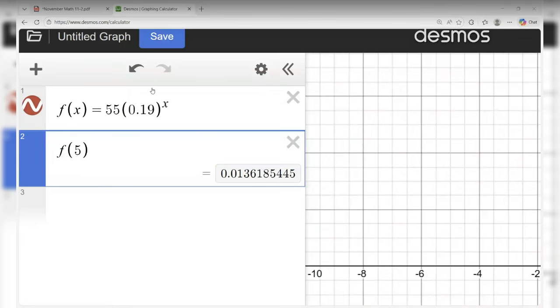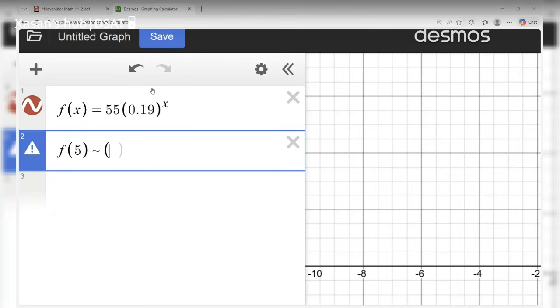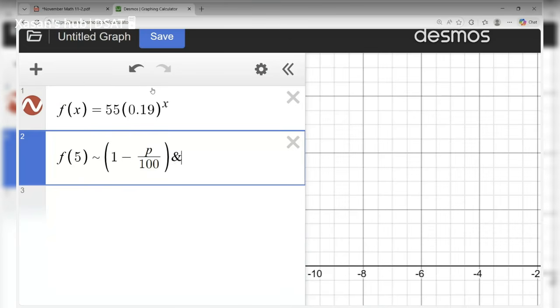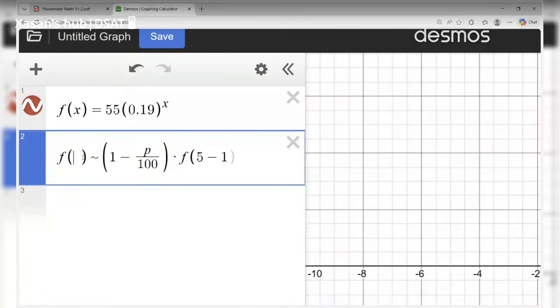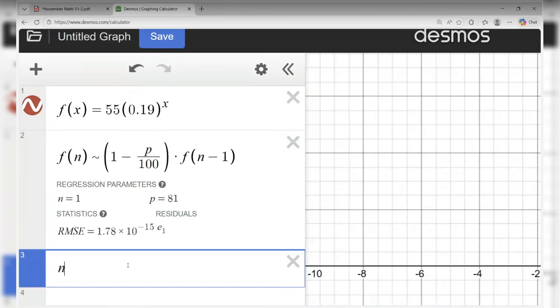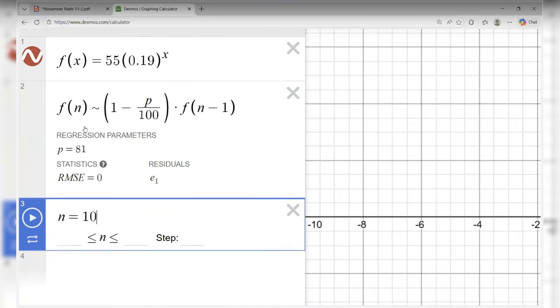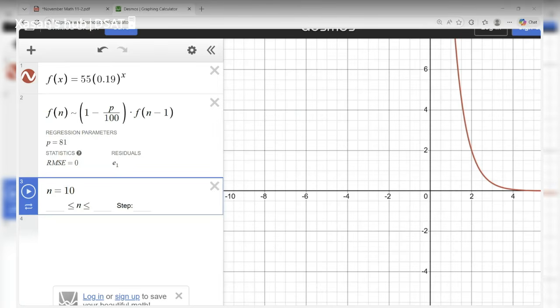F of 5 is, by using the tilde, p% less, that means it is 1 minus p over 100 multiplied by f of n minus 1, which is 5 minus 1, where you can also write with n, and you can add an integer here. For example, n is 10. Still, the value of p is 81. That's totally Desmosable, and then the answer is now 81, which is D.